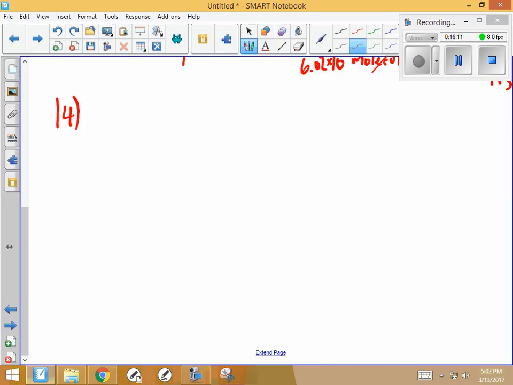14. We're asked how many atoms are in 1.75 moles of CHCl3. Just say it that way, CHCl3. It's actually trichloromethane, but it's an organic compound. It's harder to name than the ones we've done.